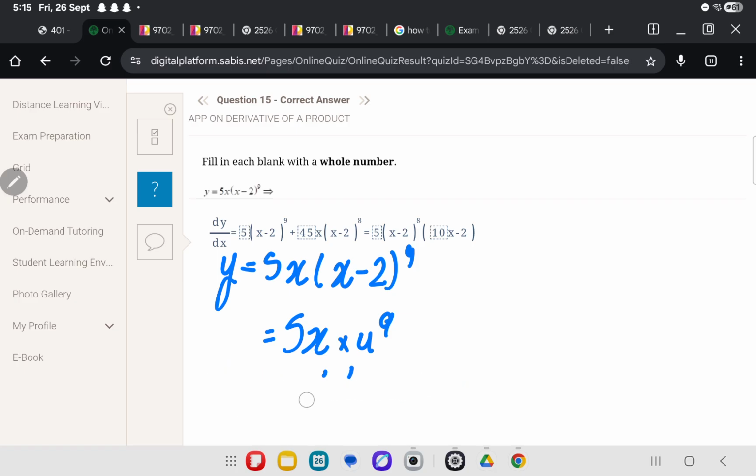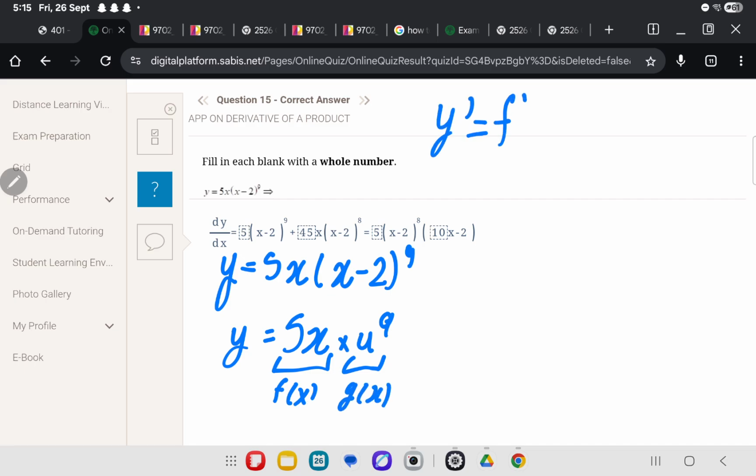Now that's my formula, right? So this is y. Okay, now this is u, this is v. To avoid confusion, I'm going to express this as f of x, and this as g of x. Then y prime is equal to f prime of x times g of x plus g prime of x times f of x.